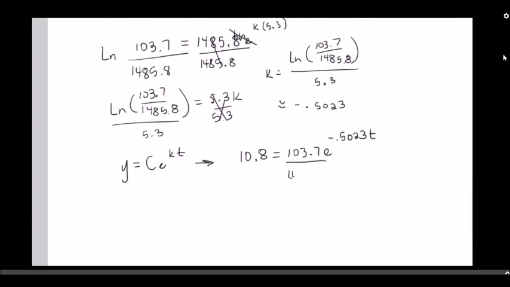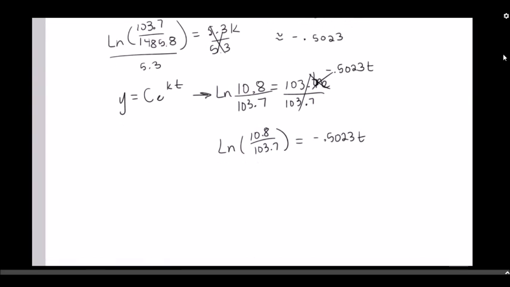Now again, just using algebra here, and then I want to get rid of this e, so I'm going to take a natural log. Natural log is going to cancel the base e, so the natural log of 10.8 over 103.7 equals negative 0.5023 t.